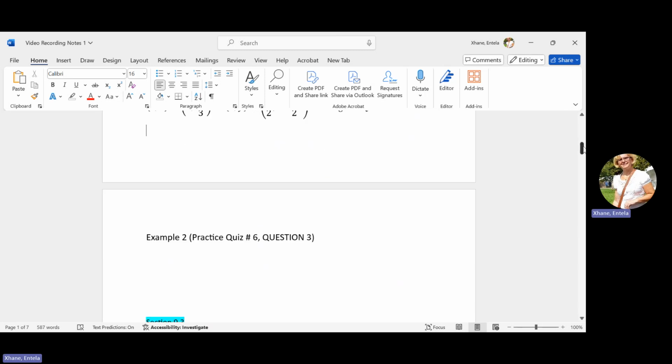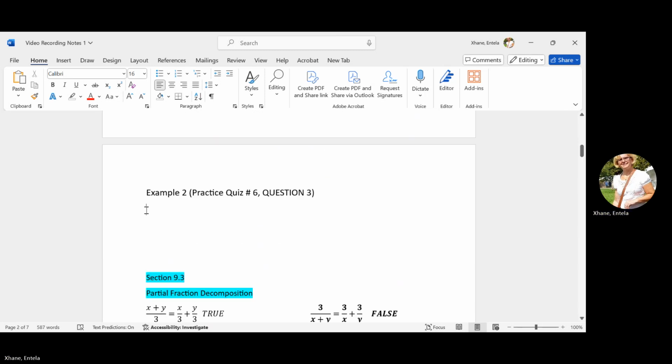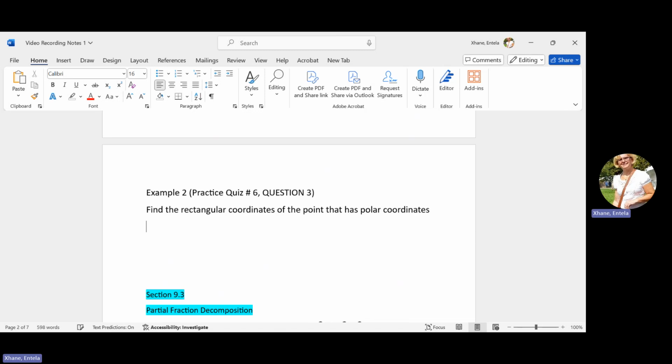So the directions are the same. I'm writing down the directions: find the rectangular coordinates of the point that has these polar coordinates.